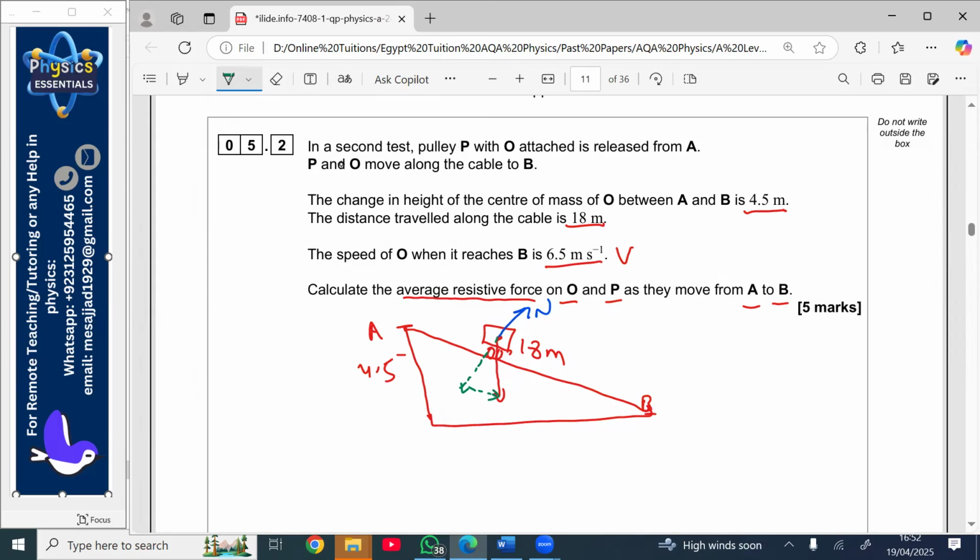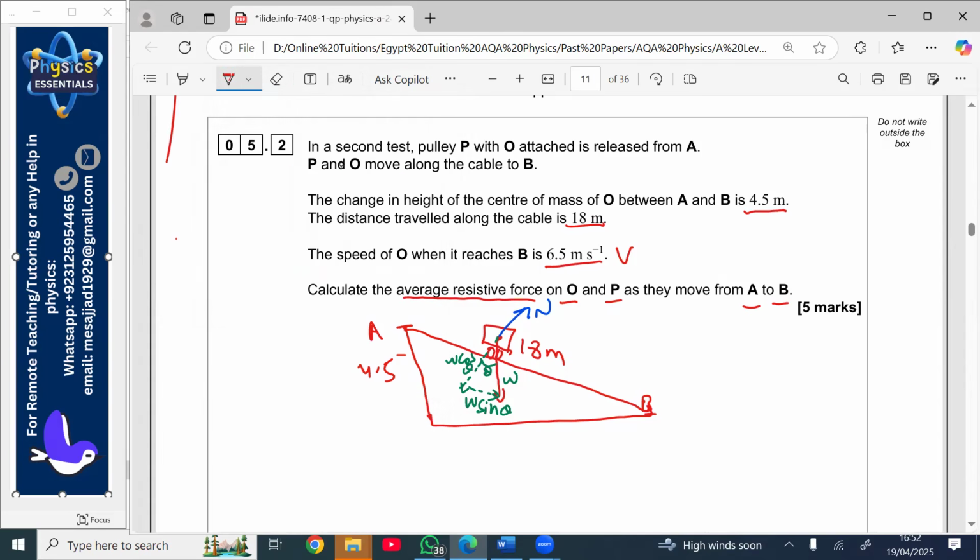So from here, if this is my theta, this is W cos theta, and this is W sin theta, and this is W, correct? So N is balanced with W cos theta, and W sin theta is the one that is taking the body down. All right.